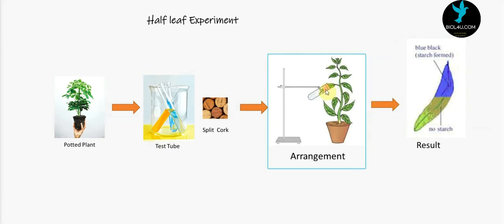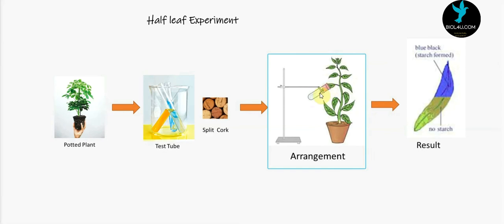We put potassium hydroxide inside the test tube, which absorbed all the carbon dioxide inside. So there was no carbon dioxide inside, but light, chlorophyll and water were there.